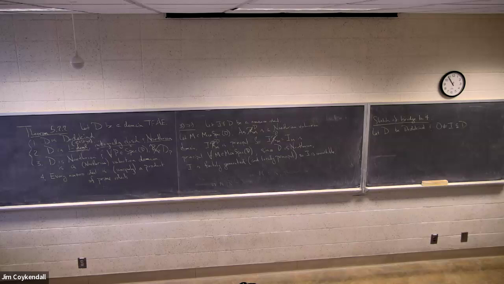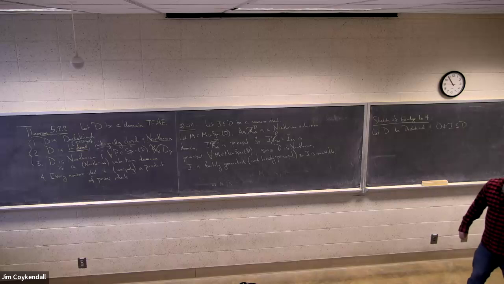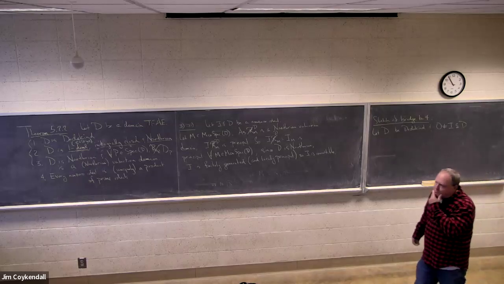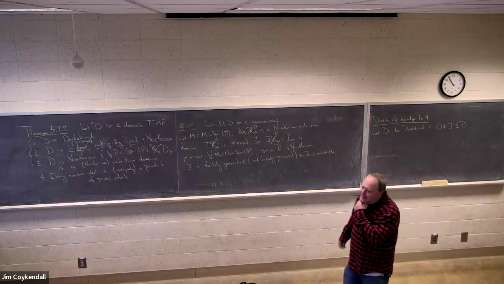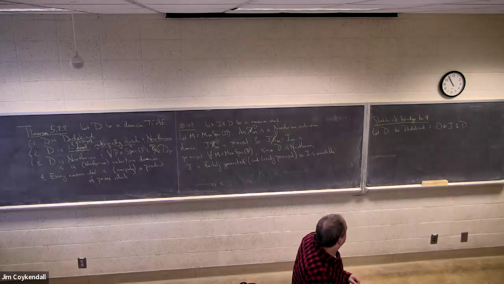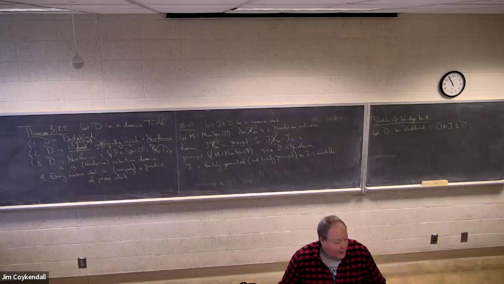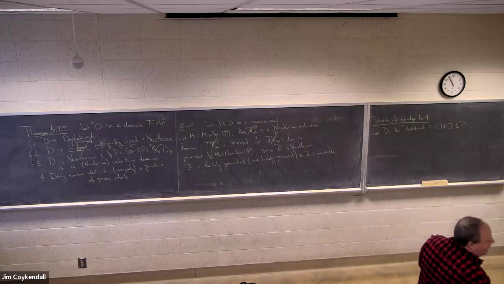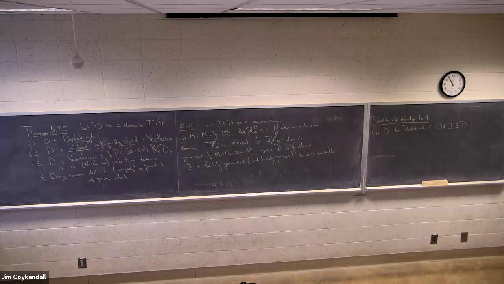How is it that I can express I as a product of prime ideals? Right, but let me rephrase the question. If this is true, I have to be able to write I as a product of some prime ideals. What suspects do you line up?